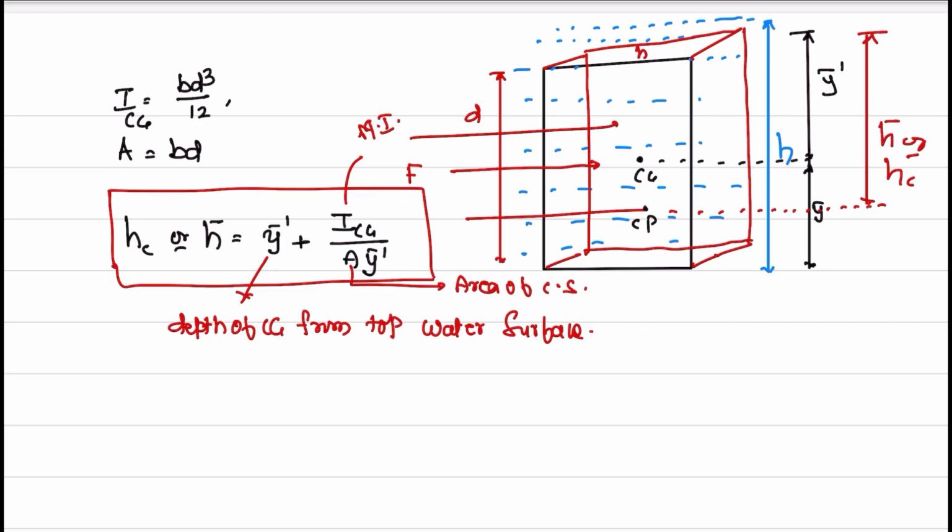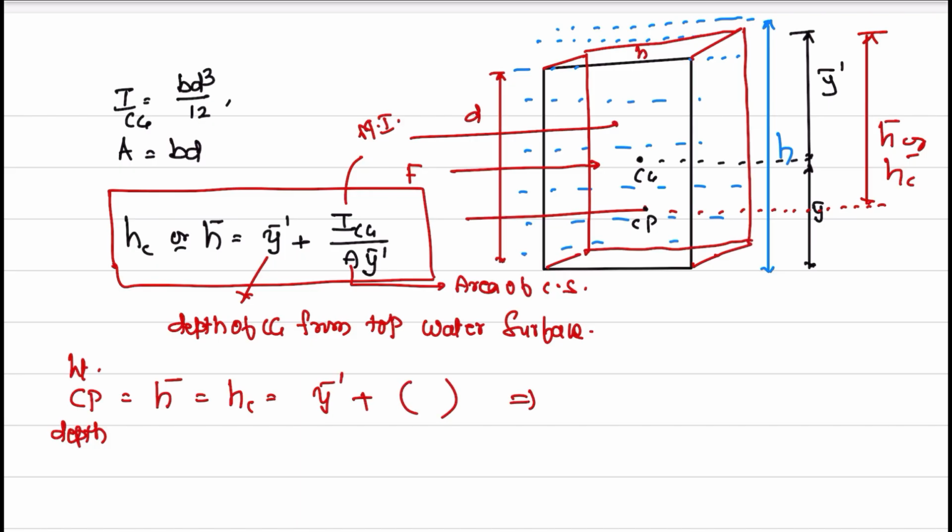Area is positive, I is positive, y dash bar is positive, hence H bar, which is HC, is equal to the center of pressure, the height or depth of the center of pressure from the top, is equal to y dash bar plus some value.